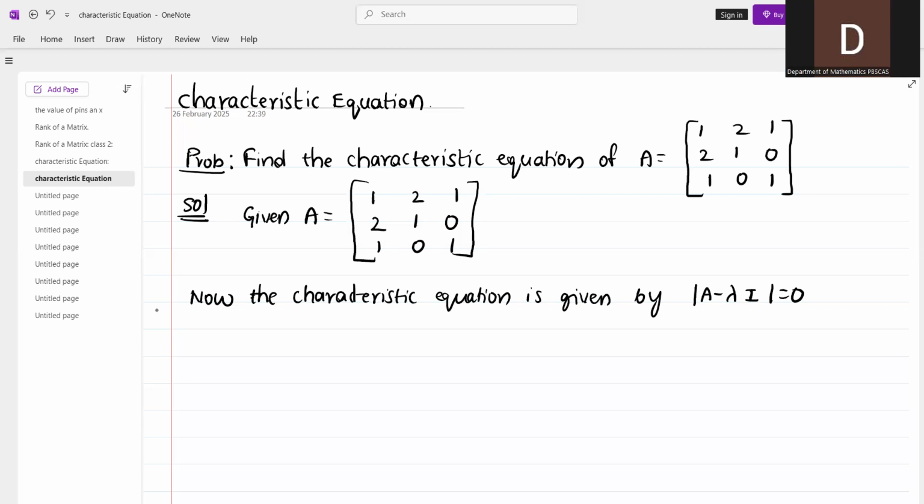So here A is the given matrix and lambda is any scalar. I is the identity matrix of 3 by 3 because capital A is a 3 by 3 matrix. So let us assume that capital I is also a 3 by 3 matrix.